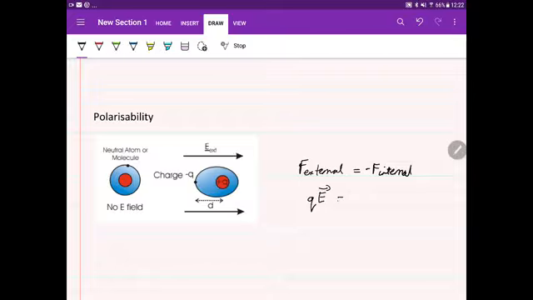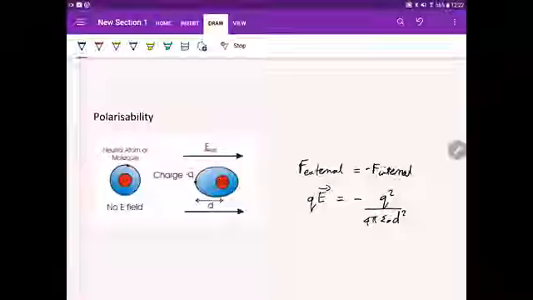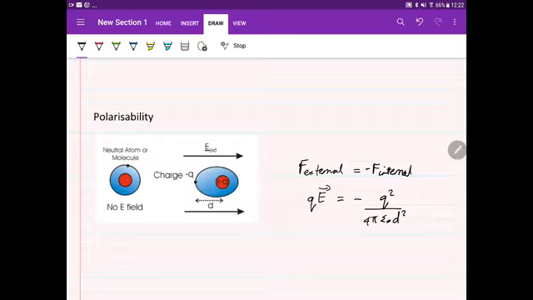And then the Coulomb force we're also familiar with the equation for, which is going to give us minus the charge squared divided by 4 pi epsilon naught times d squared, where d is the separation of the centre of charge of these charges. And then we need a unit vector acting along the direction in which these two things have been separated.